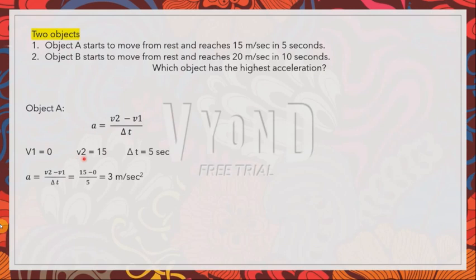The final speed is V2 equals 15 meters per second, and delta t equals 5 seconds. Acceleration equals V2 minus V1 divided by delta t, 15 minus 0 divided by 5. The acceleration for object A equals 3 meters per second squared.